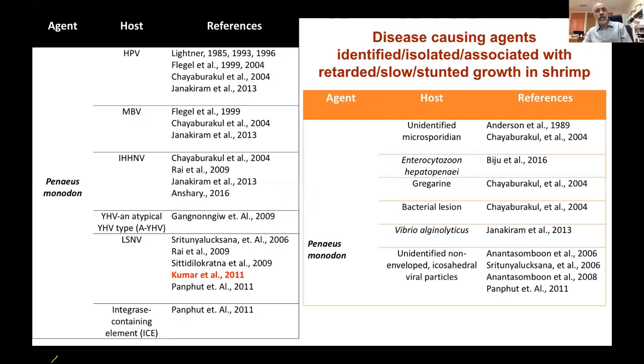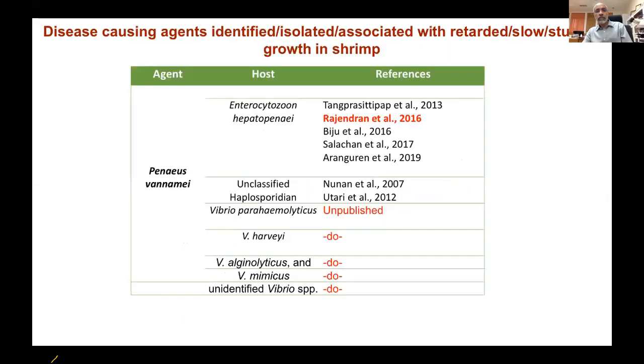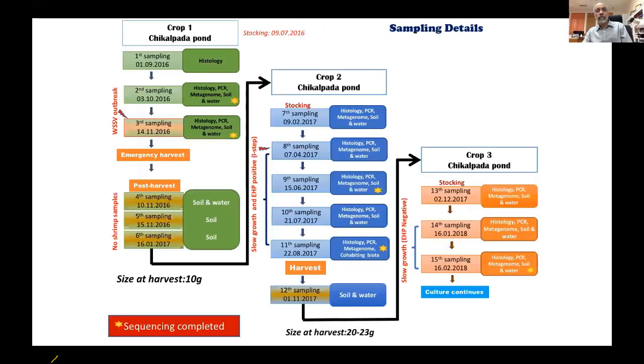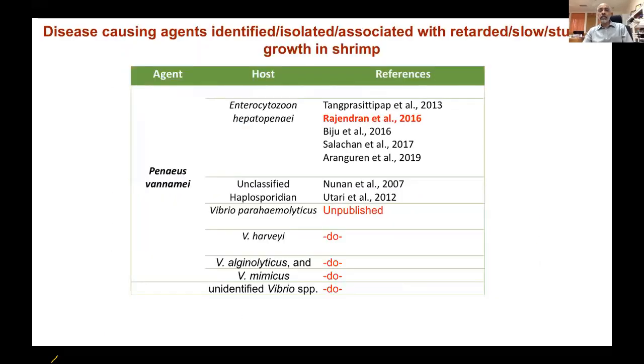And you can see a large range of pathogens which have been reported by many workers from the slow growing and retarded animals. Even we have reported EHP and parahaemolyticus. So we are still in a dilemma. What could be the reason for slow growth? Even now people attribute it to EHP, or to several other pathogens.